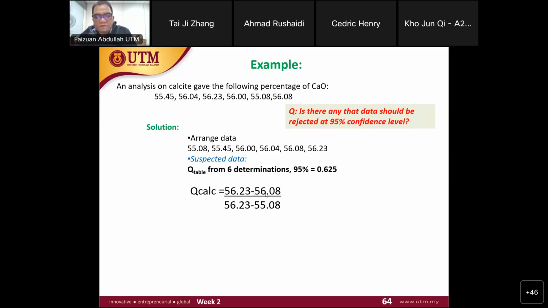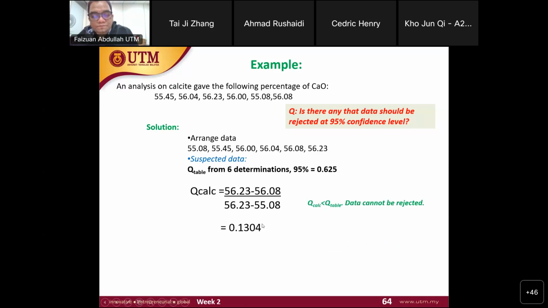56.23 minus 56.08, divide by the same value we got. Sorry, divide by 6. We must divide by the largest minus lowest.